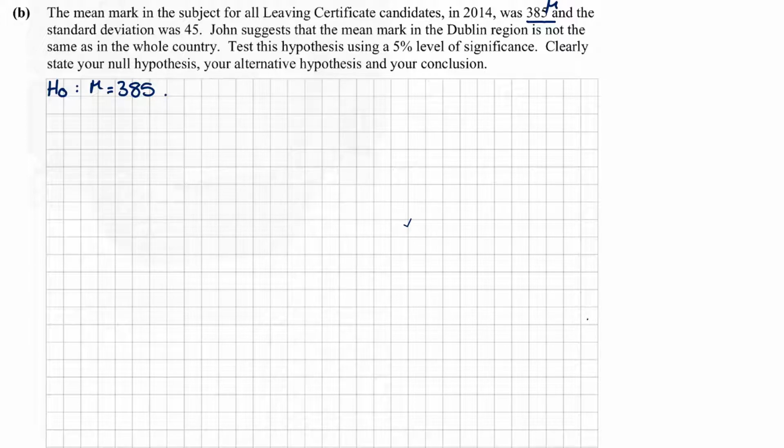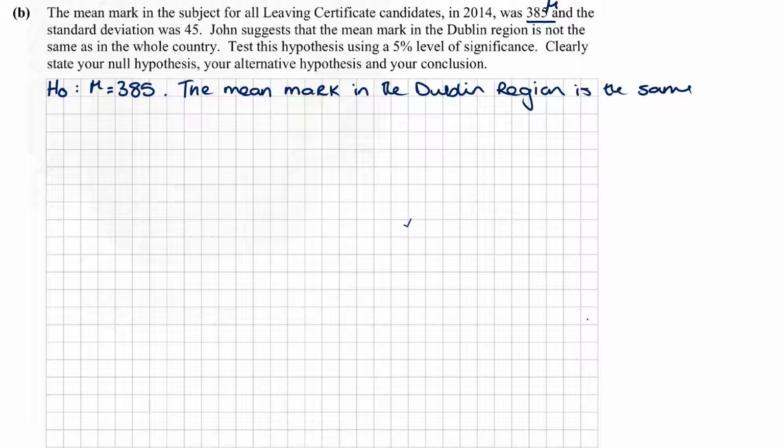So what we have here is the mean mark in the Dublin region is the same as the whole country.